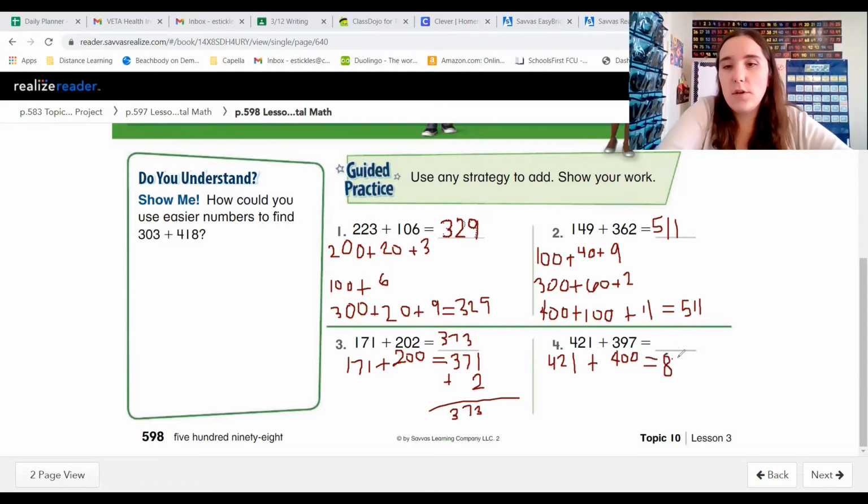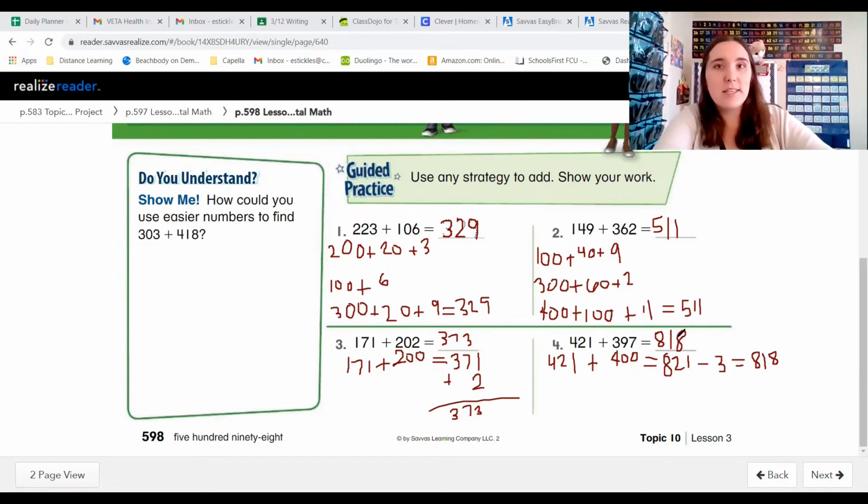Which means 421 plus 400 would be 821. And then I need to take away the 3 that I added at the beginning. And I know 21 minus 3 is 18. So 821 minus 3 would be 818. Just like that. Not too bad. Just takes some practice. Lots of different strategies though.